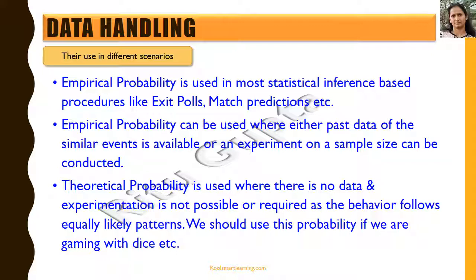They see that okay, if there are 100 people who are insured with us, out of those 100, how many have been claiming it in the past, and what is the amount that they've claimed, and that empirical probability is used to find out how much amount will they take from you for a particular amount of insurance, be it a vehicle insurance, be it a medical insurance, or any insurance for that matter. That has to be based on empirical probability, because that is not an equally likely thing, that cannot be handled based on the theoretical probability.